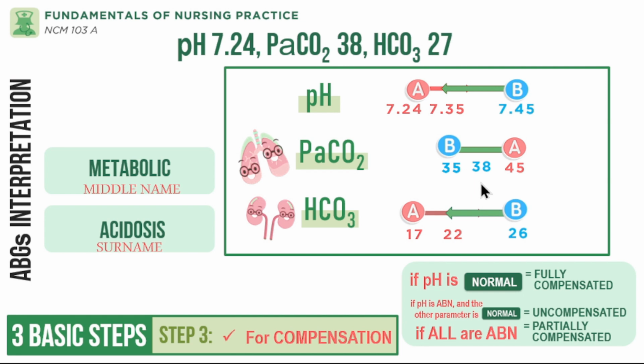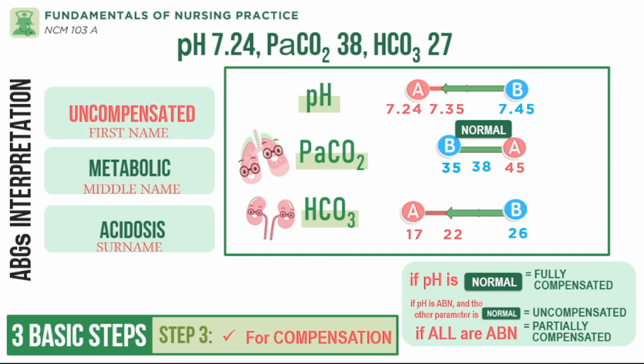And we try to decipher. So the 38 is in between our green bar here, which tells us that our partial carbon dioxide or the other parameter is normal. And the diagnosis for that is uncompensated. So we have here uncompensated metabolic acidosis.